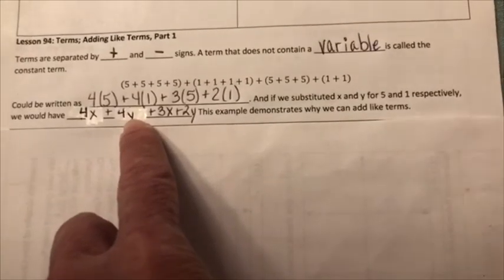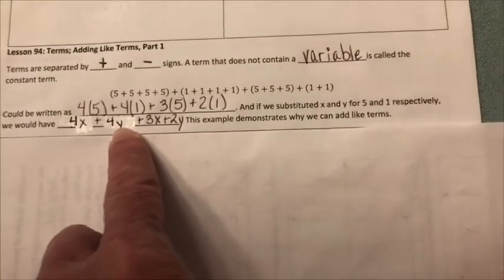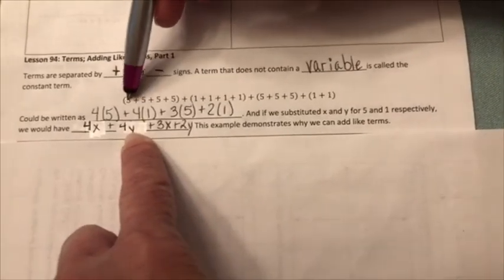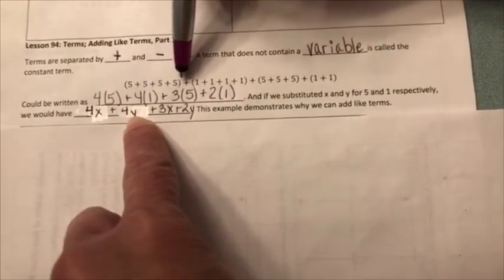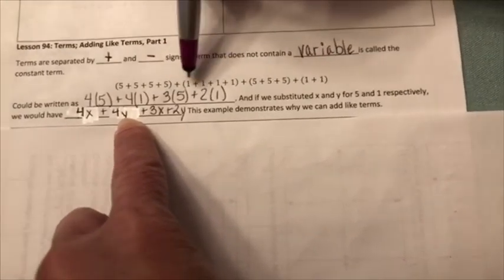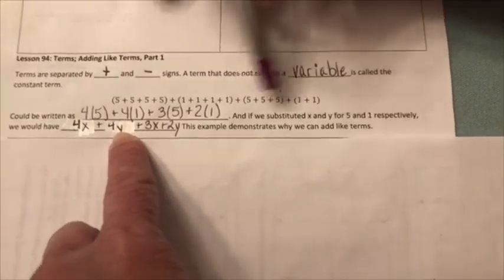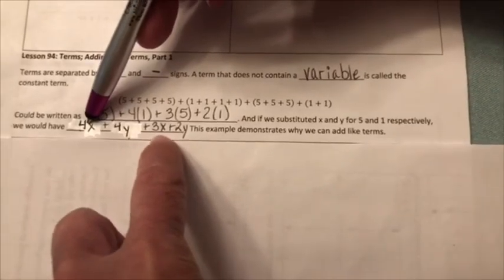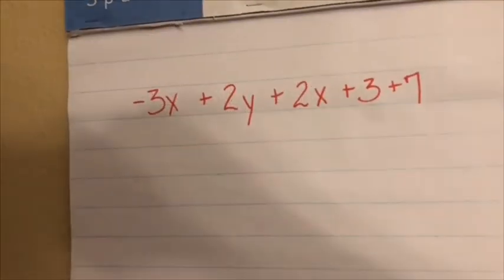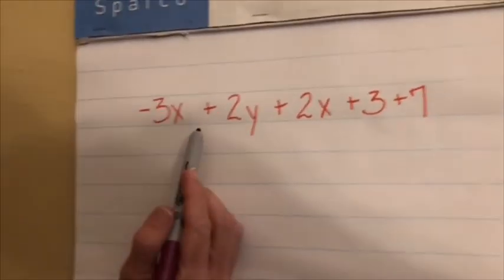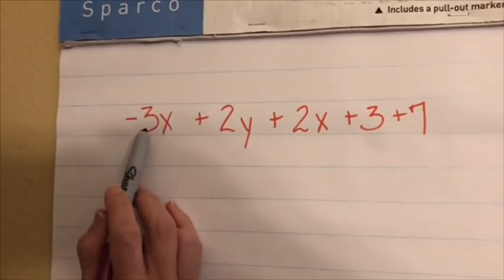This is just an example of why we can add like terms. We can add them because these 5s could all be added to those 5s, right? In the end, we would have a total of 7 5s and a total of 6 1s. Okay, 7x plus 6y.